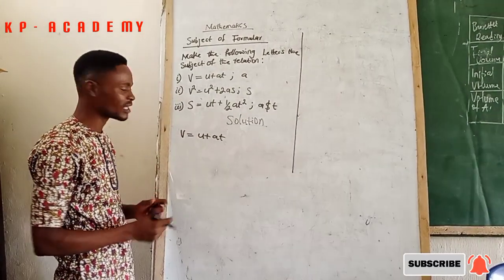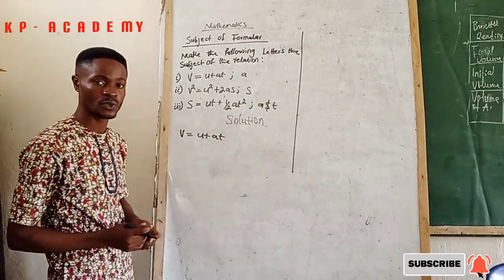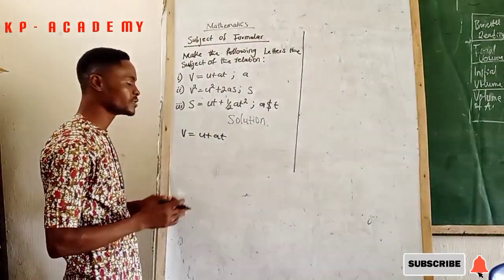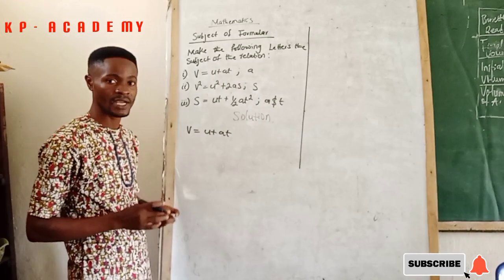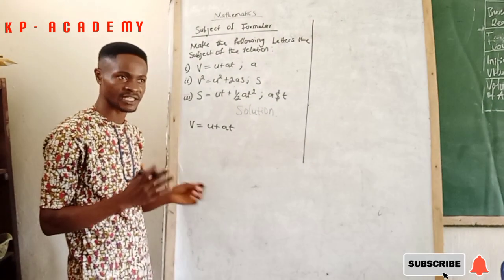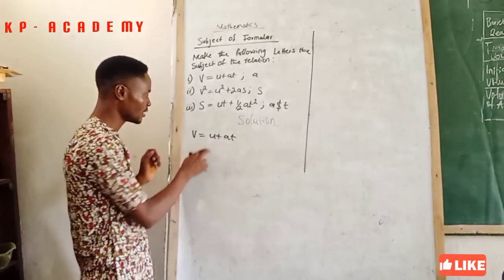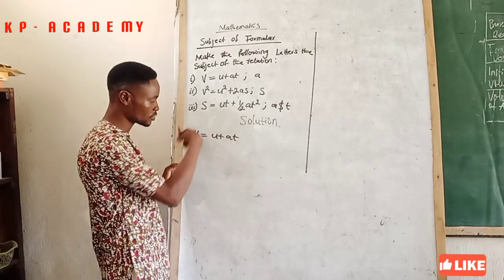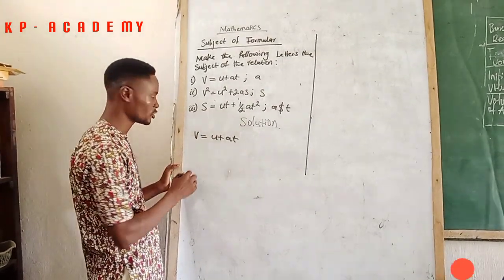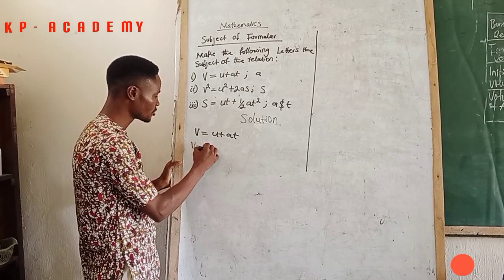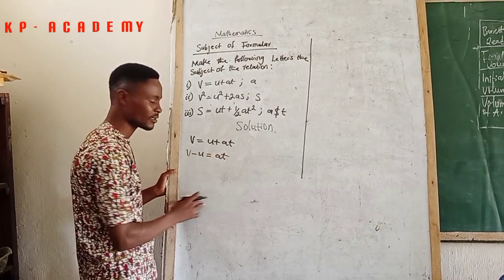And in mathematics, whenever we carry something from one side of the equation to the other side, it will always attract a change of sign. That is, if the sign is plus, it will change to minus, and vice versa. So here I have plus U, it will cross to the other side of the equation and change to minus U. Hence, I will have V minus U is equal to AT, and this is it.